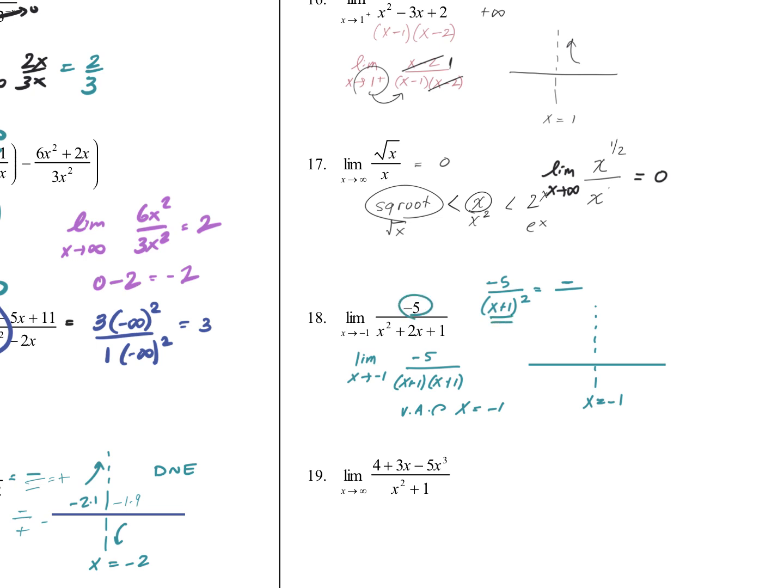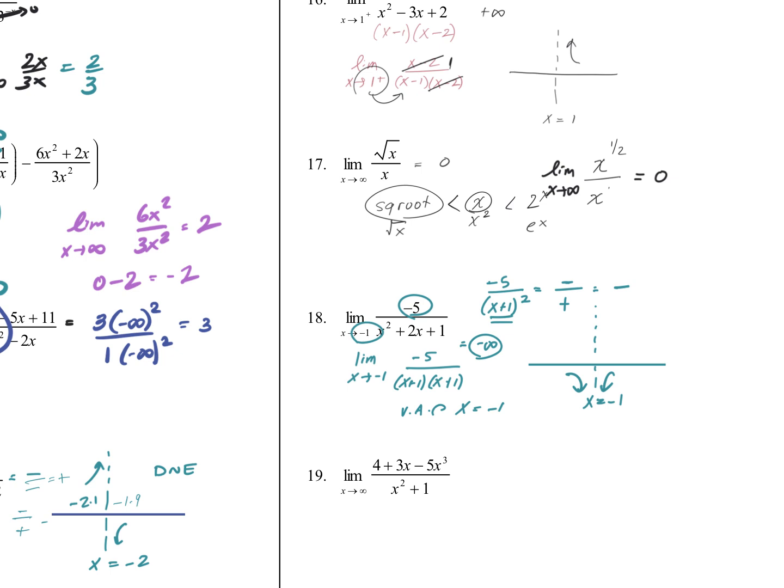The bottom is always going to come out positive because it's squared, which tells me it's both sides. No matter what I plug in, it's always going to be negative over positive, which is going to go to negative infinity. So for number 18, this would be a special case, if you will, that it's going to go to negative infinity, even though we're going to negative 1 from both directions.